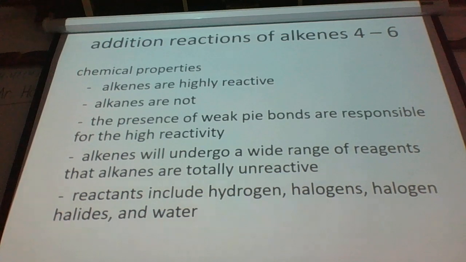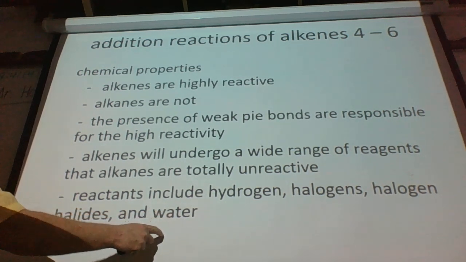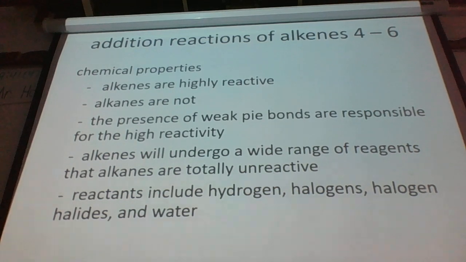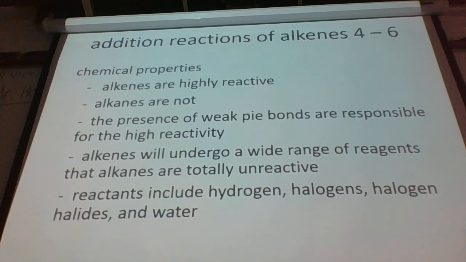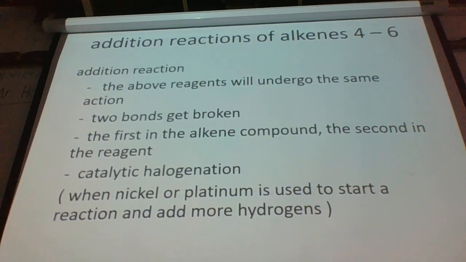Hydrogen halides are asymmetrical. Then the halogens are symmetrical. Okay? So water is also asymmetrical because you have a hydrogen ion and a hydroxide ion. That's what makes it asymmetrical. Okay. Yes. Yep.